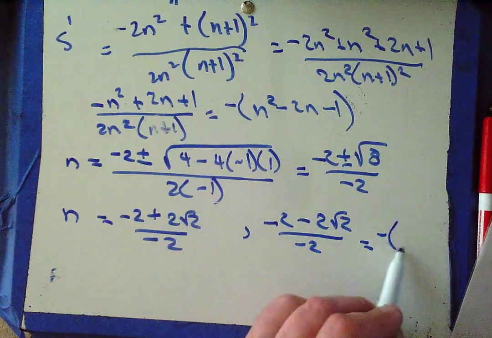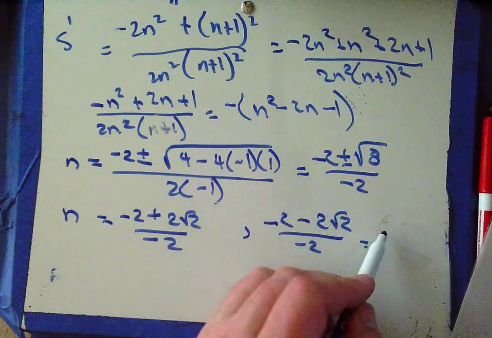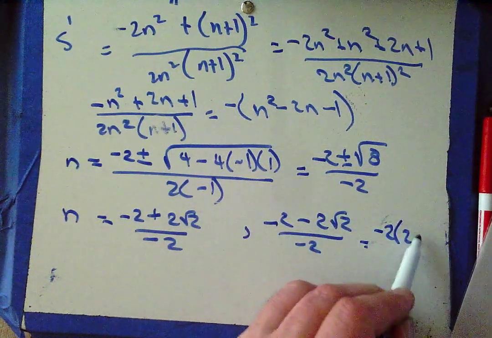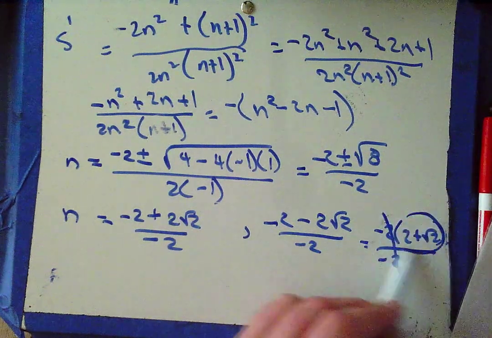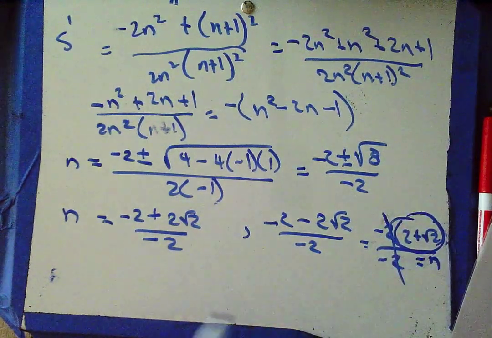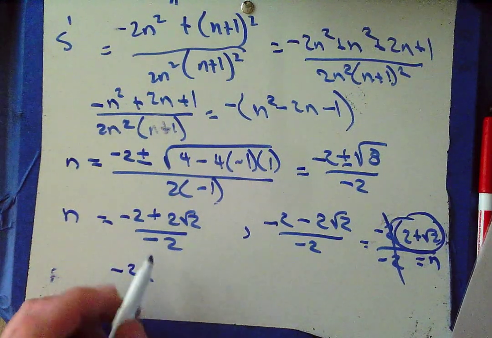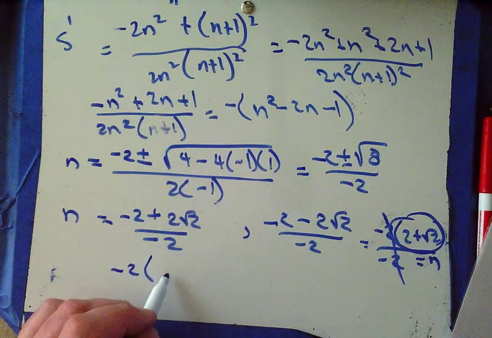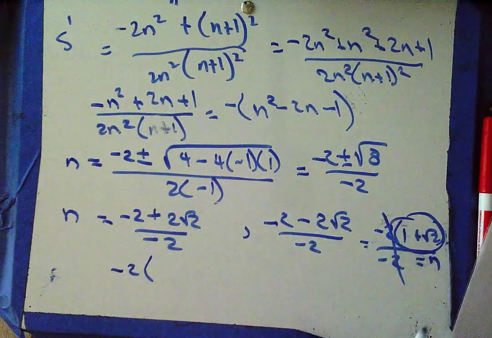So here, 2 plus 2 root 2, I can actually take out a 2, 2 times 1 plus root 2 over negative 2. These will cancel, and I get this value for n. But over here, if I try that same thing, I took out a 2, so that's a 1.